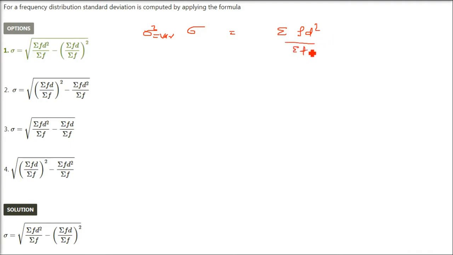So variance is sigma FD square by sigma F minus sigma FD by sigma F whole square, and this whole under root, right? This is your standard deviation. So what is the answer here? It is the first one.